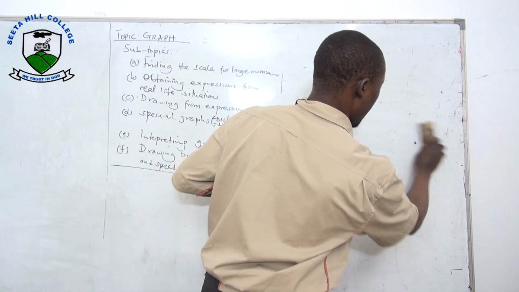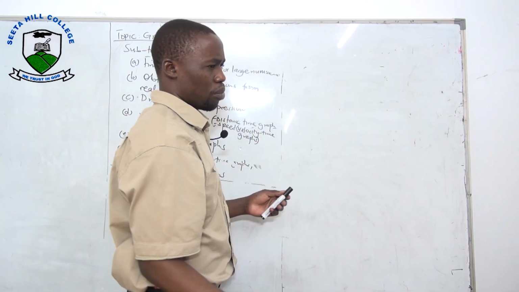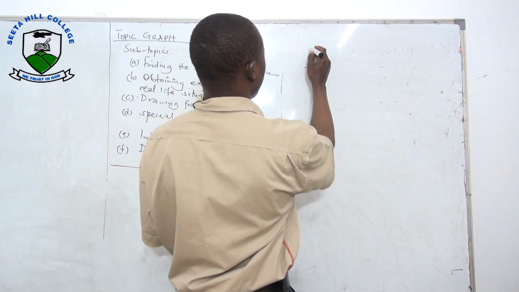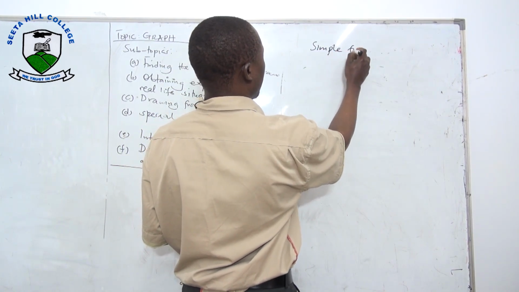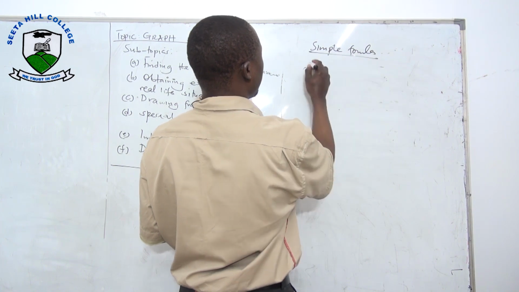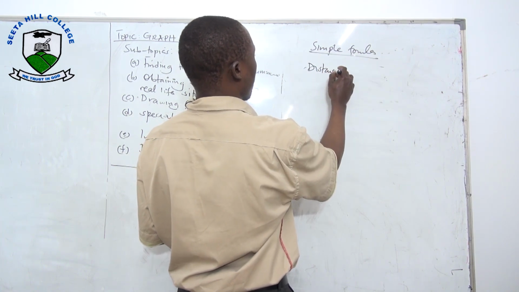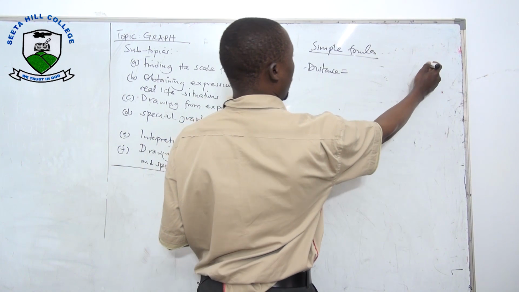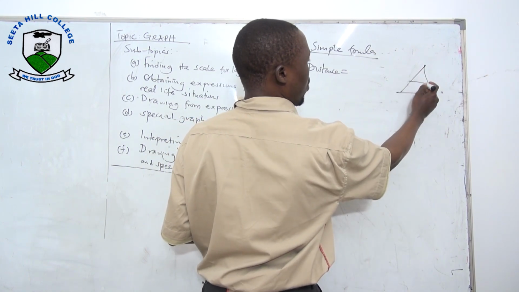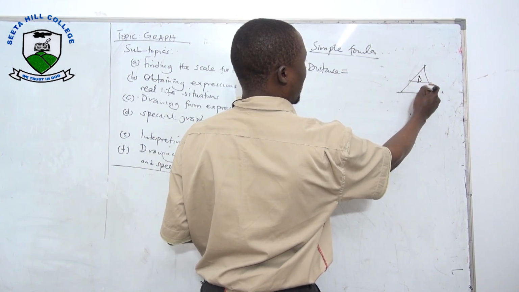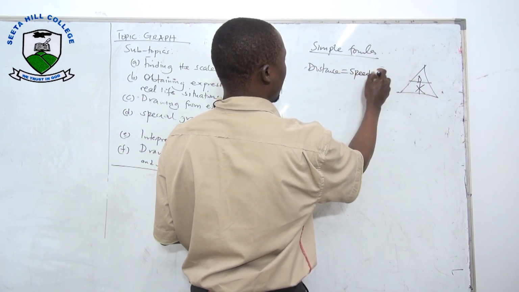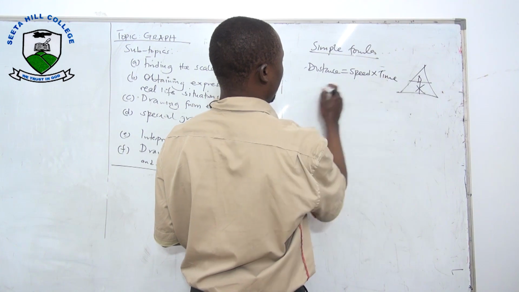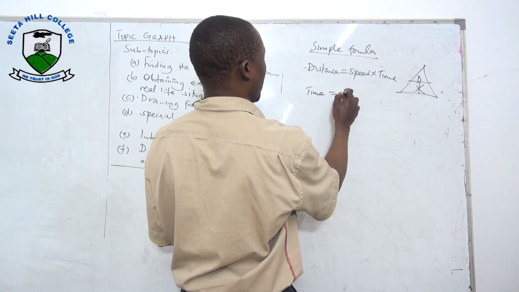Now, before I give you a number here, allow me to first put those simple formulas here. Distance is equal to speed times time. You recall that triangle? Yes. Then time is equal to distance divided by speed.